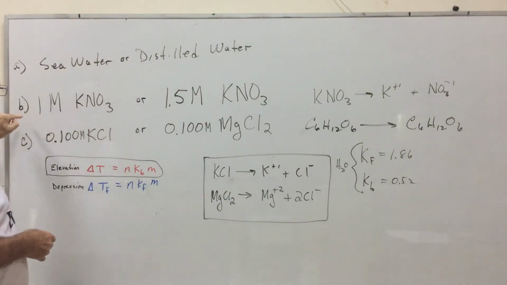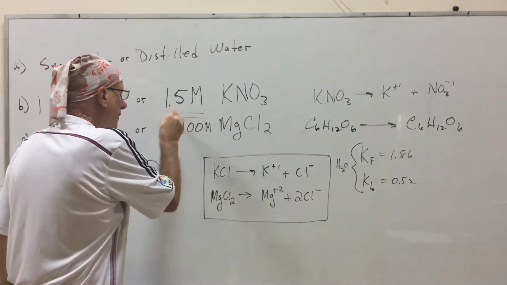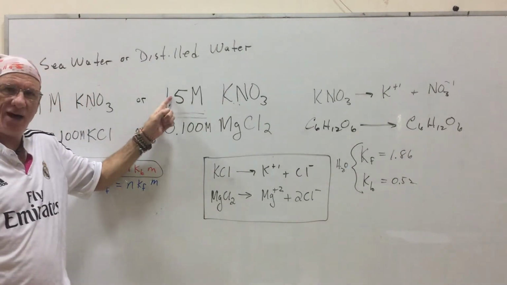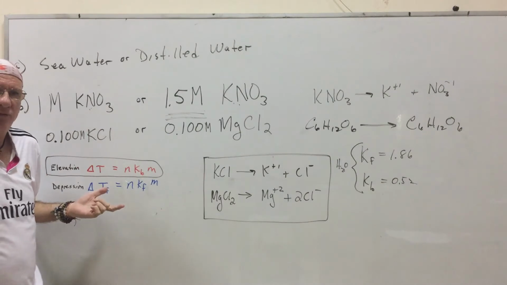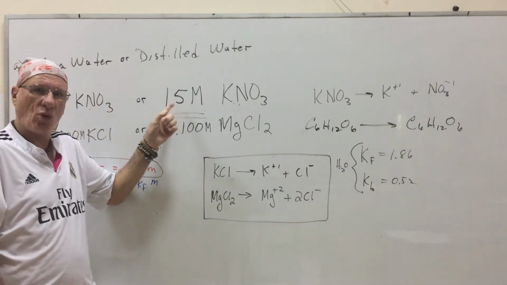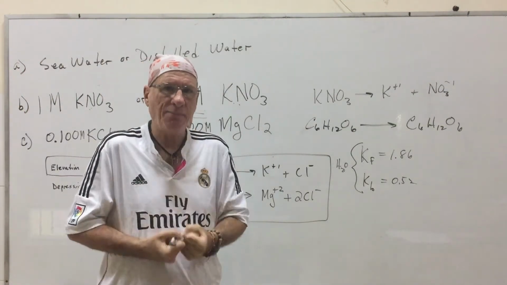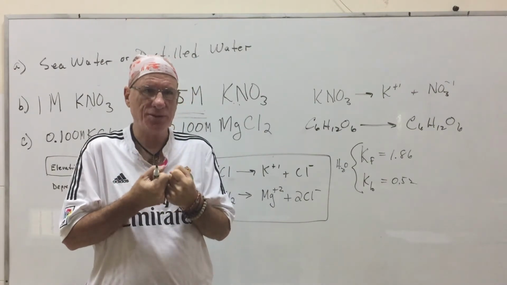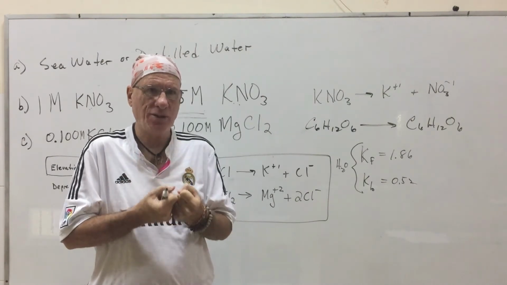So that would be higher. Look at B. You're comparing the same salt, but you're comparing 1.5 moles to 1 mole. Which one is going to have a greater number of particles? This one. That will have a greater total number of particles. Remember, it's the number of particles that determines the elevation or the depression.